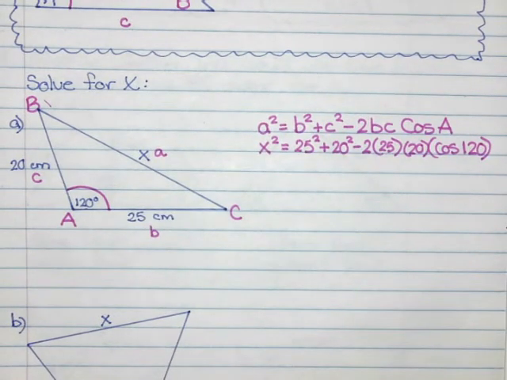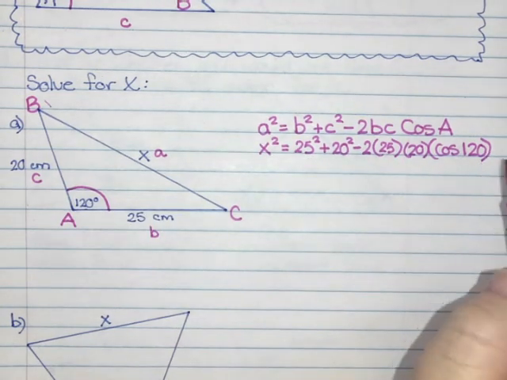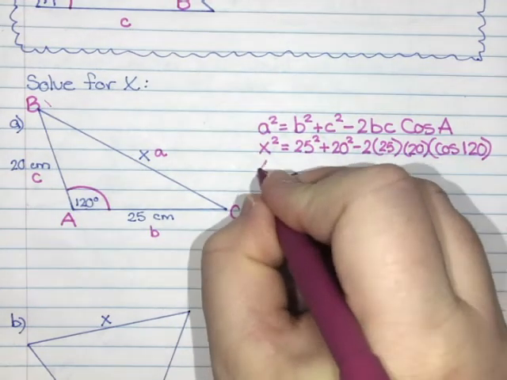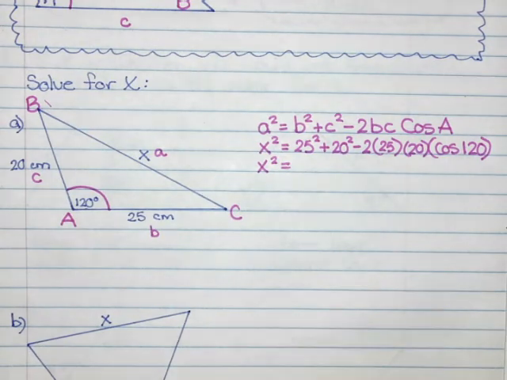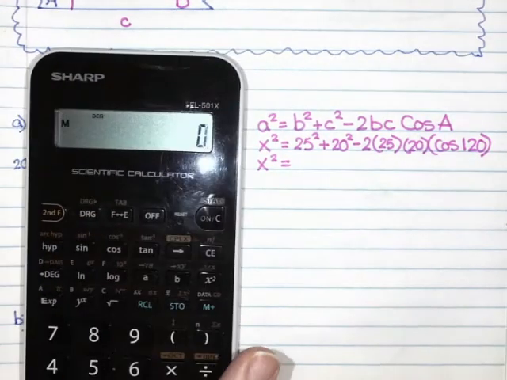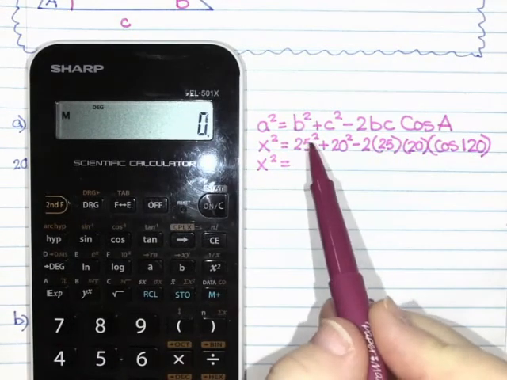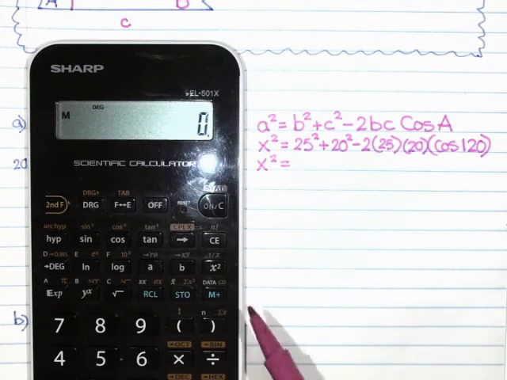Okay, so the secret to this is doing this all in one step on your calculator, and do not press equals until you get to the very end. That's a big mistake a lot of people make. They like to hit equals after every calculation. Nope, you have to do the whole thing without pressing equals until you get to the very end. So we're going to do 25 squared. If you need to do 25 times 25, that's fine. I have a square button.